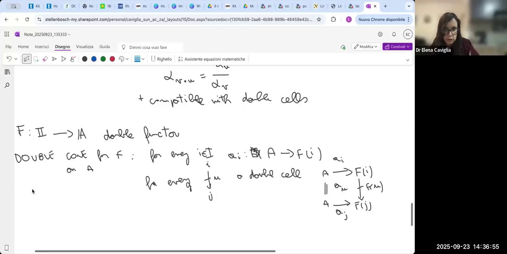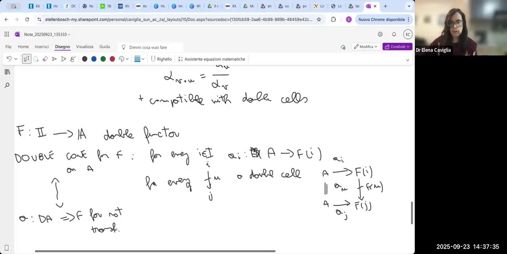So a double cone is indeed a horizontal natural transformation between the constant double functor at the object A and F. So this is the same as a horizontal natural transformation from delta A into F. Okay, so it's the same idea.